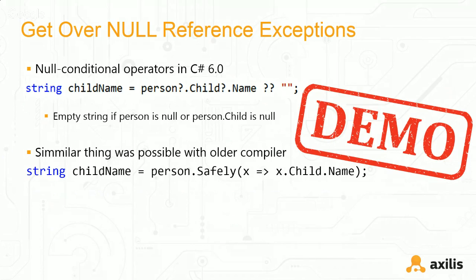And then there's this default operator. What we would like prior to C# 6 is to write something like x goes to x.child.name, and if this child does not exist, you would not throw an exception, but you would, for example, return an empty string or some other default value.